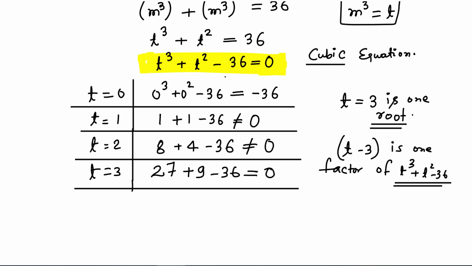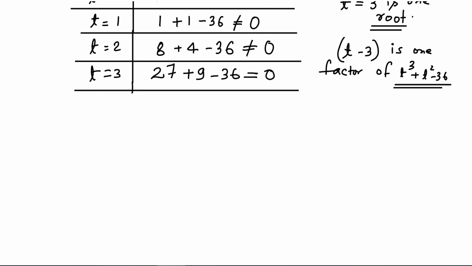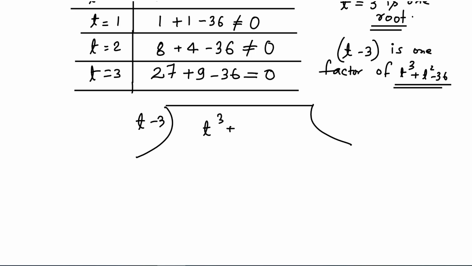So what will be the other factors? To find other factors, we will use the general division method. So we can divide this expression, t cube plus t square minus 36, by t minus 3.